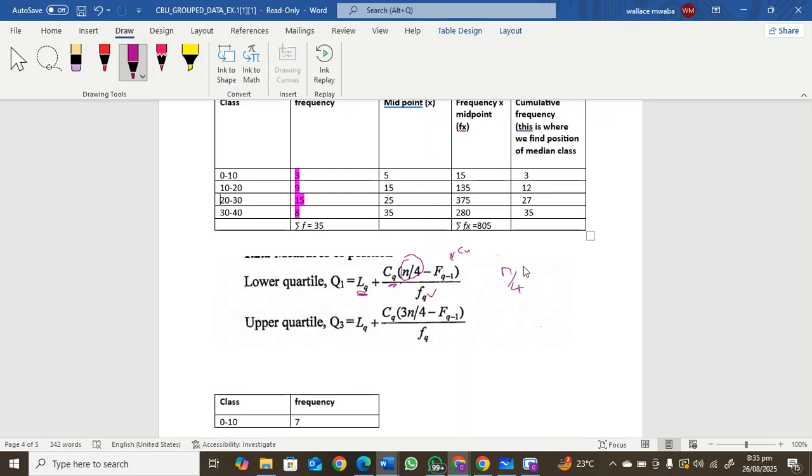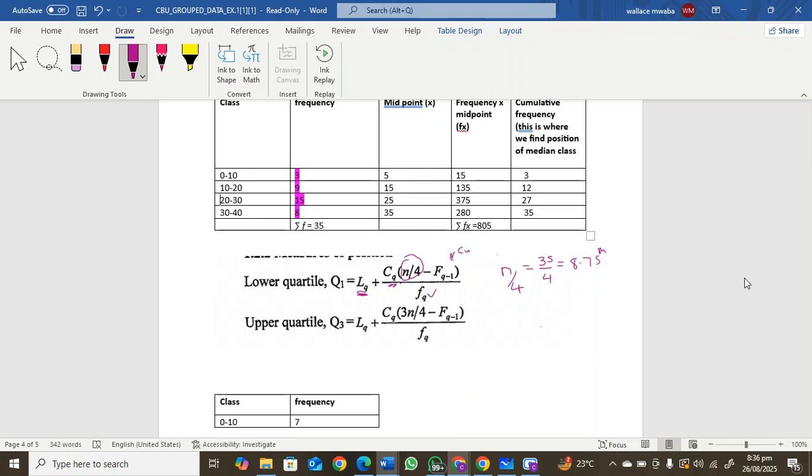So you're going to say 35 divided by 4, we get 8.75. So we're going to look for the 8.75 position.